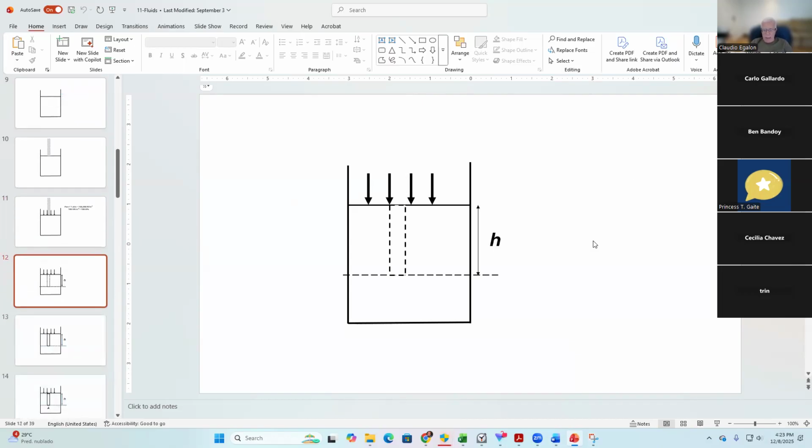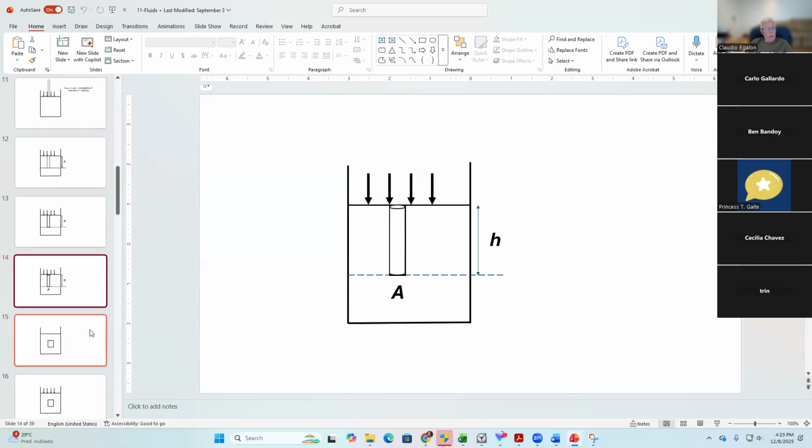But what about as we dive deeper in this tank of water? I want to know what's going to be the pressure at this depth H. We have this column of water weighing on us, exerting a pressure on us.